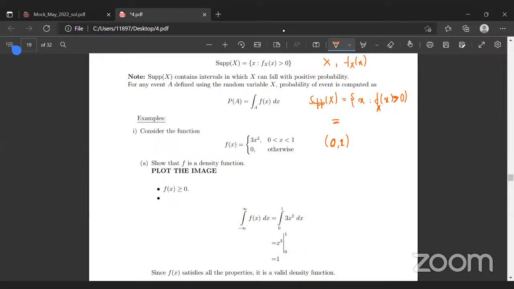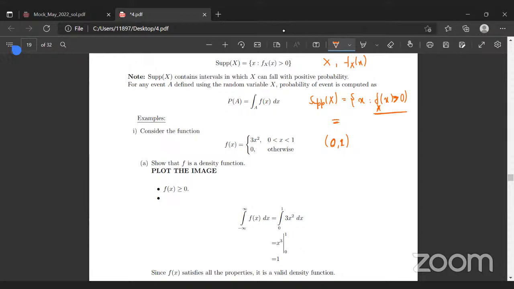Can you repeat this support once, ma'am? Yes. Support is all those values that your random variable takes for which the density function is greater than 0. So density function fx of x is greater than 0.